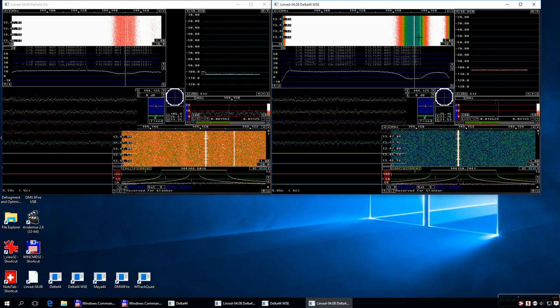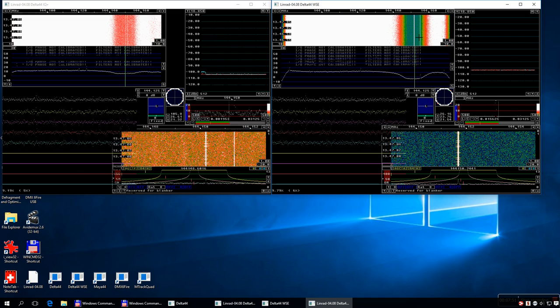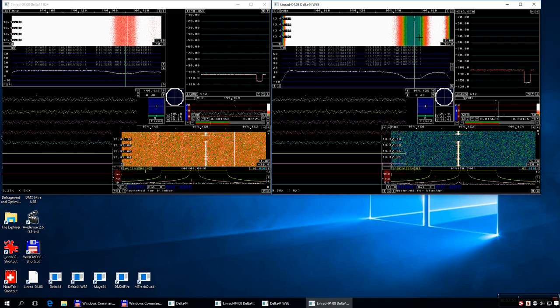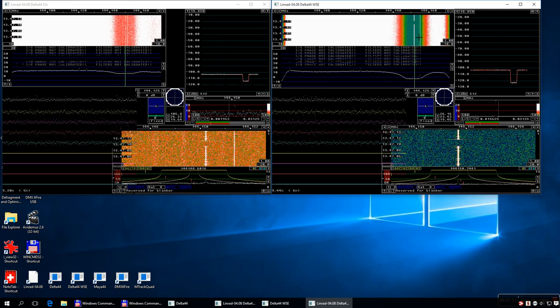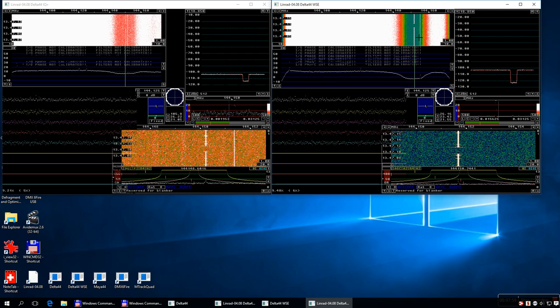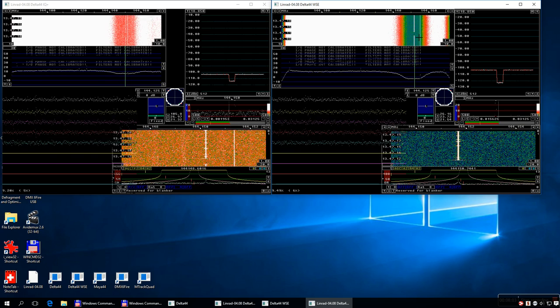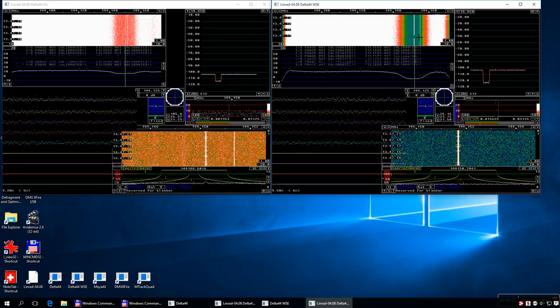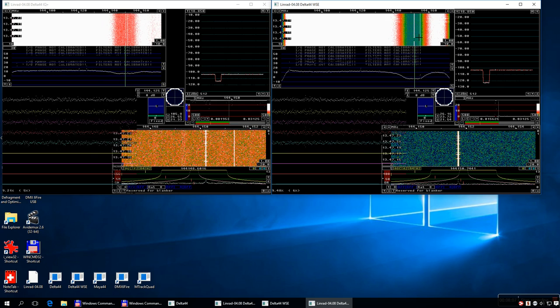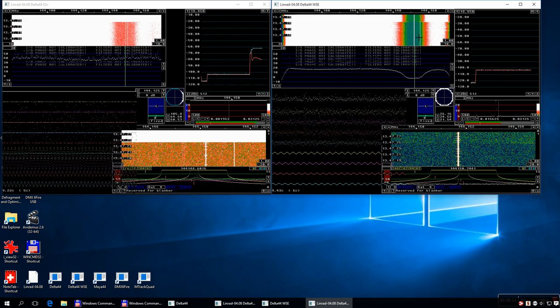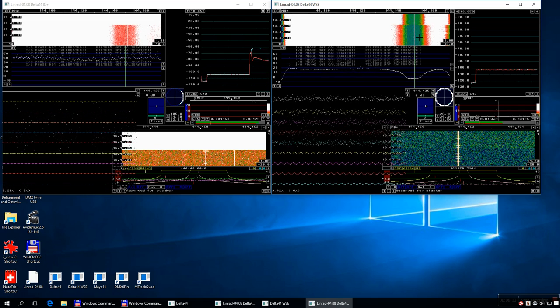You can see the signal to noise ratio of the weak signal when I switch off and switch on. There is about a 10 decibels difference. But I can increase the signal level now by 10 decibels, and that doesn't affect the WSE.